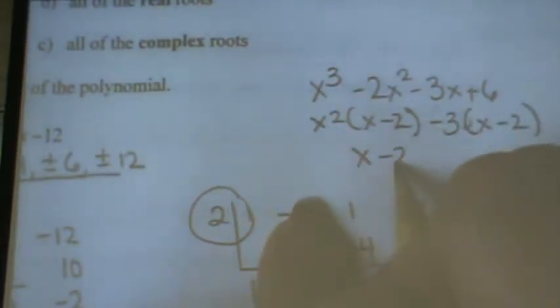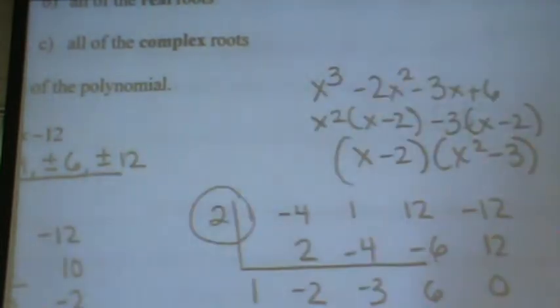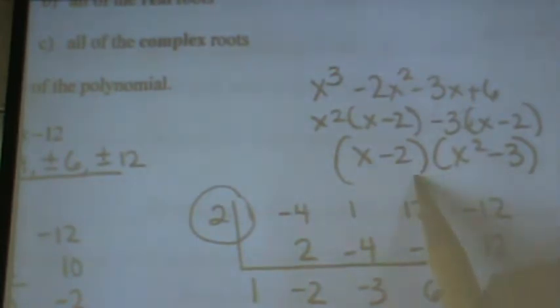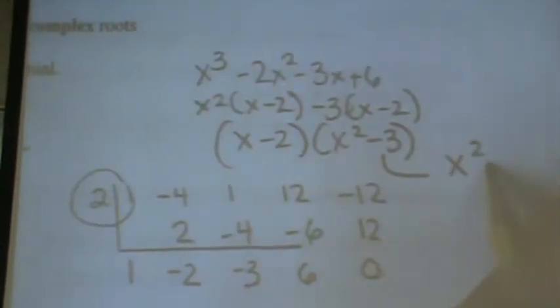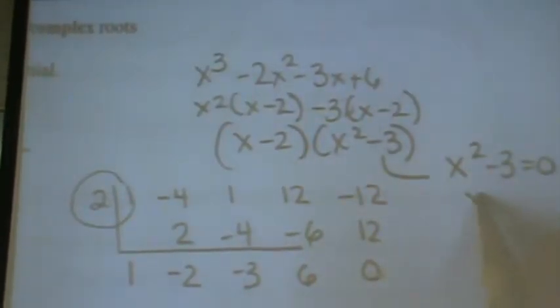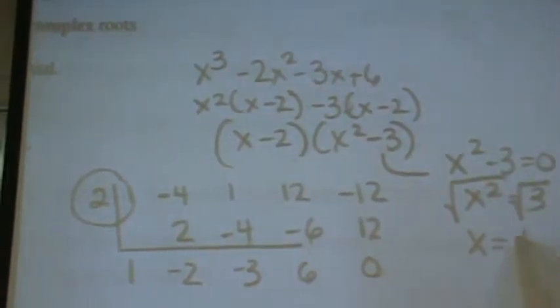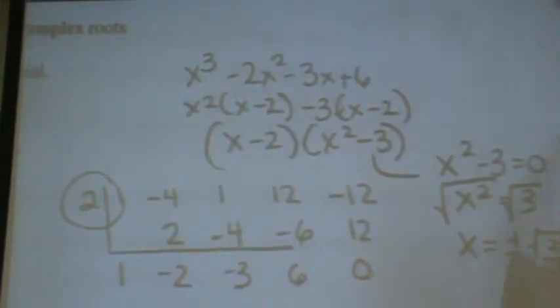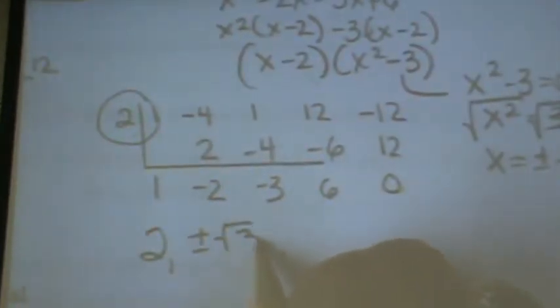So you have x minus 2 times x squared minus 3. So 2 was another 0. Again, it worked twice. And then what do you get with this? X squared minus 3. Set that equal to 0, add 3, and you get plus or minus root 3. So there are 4 zeros, but one of them occurred twice. It has a multiplicity of 2. So 2 and plus or minus root 3 are your zeros.